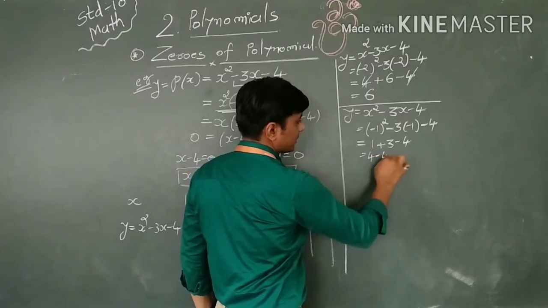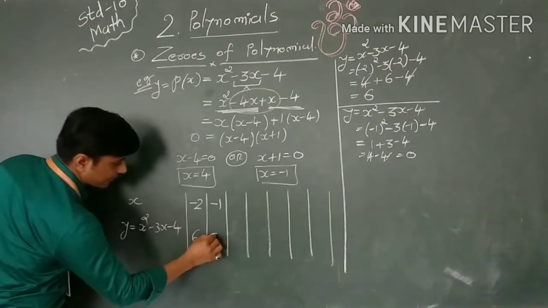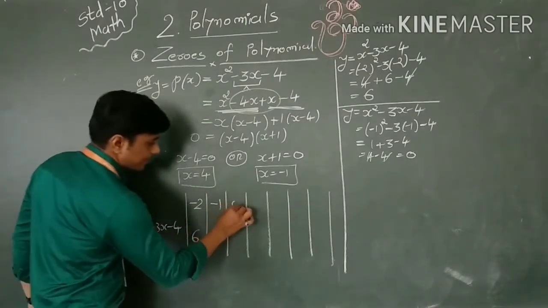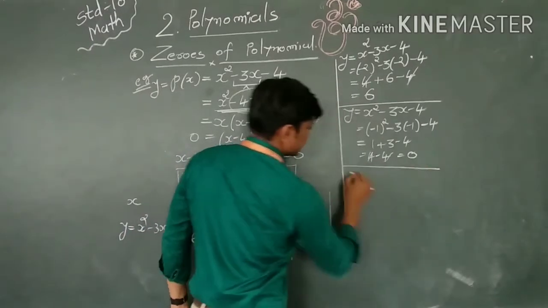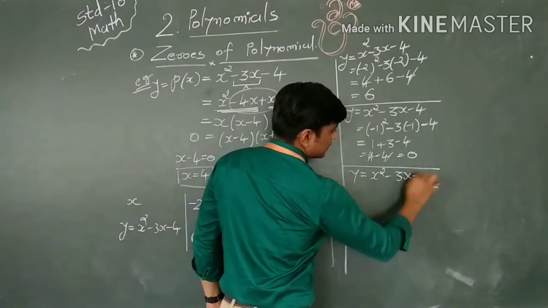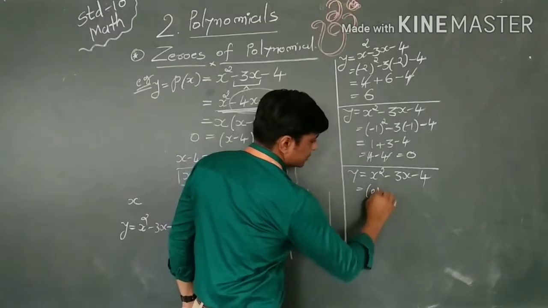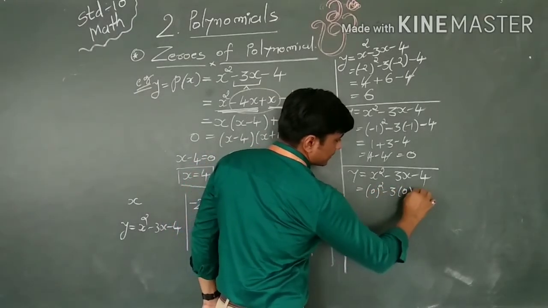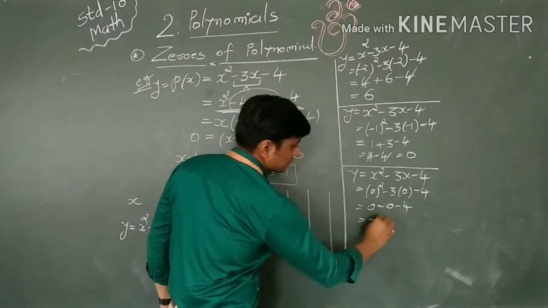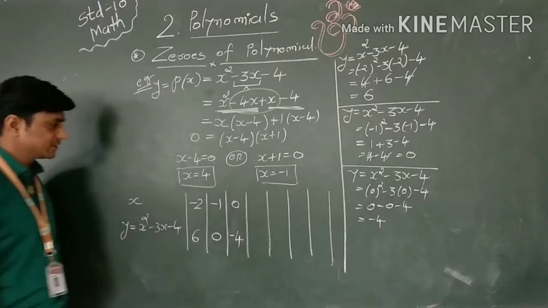Therefore 4 minus 4, we have 0. The corresponding value of y is 0. Now we take x is equal to 0. First of all we write our polynomial. Now put x is equal to 0. 0 square minus 3 into 0 minus 4. 0 minus 0 minus 4, that means only minus 4. The corresponding value of y is minus 4.